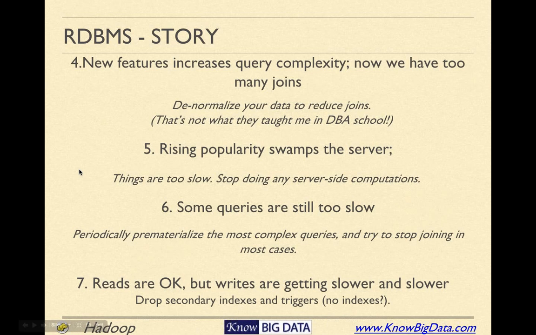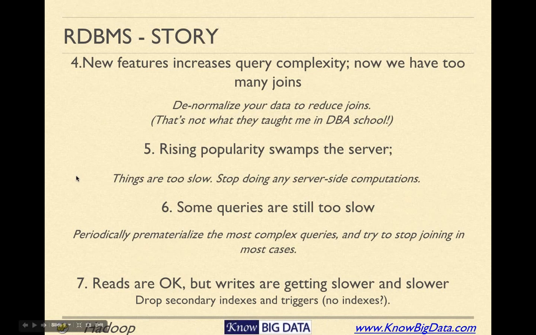Now at this point of time, the writes will get slower and slower, and what you would do is you will try to make it faster, and therefore you will start killing all the secondary indexes. If you remember the databases, when you insert a record into a database, all the triggers, all the indexes get updated.